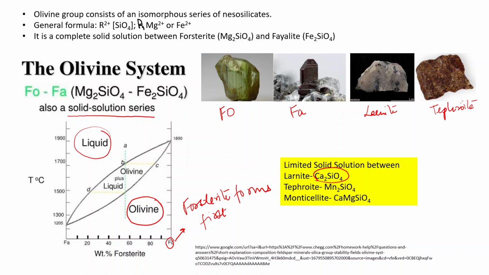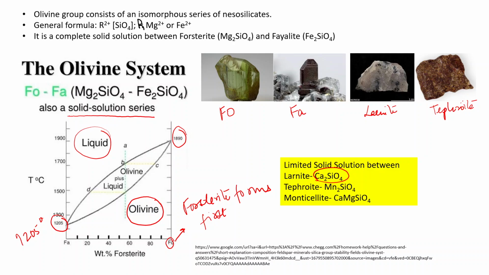So looking at this plot over here, one thing is very clear regarding the temperature of melting. Suppose we have the olivine solid solution series, and we start heating it. As we reach the temperature of 1205 degrees Celsius, then theoretically, from that solid solution, the fayalite, that is iron bearing olivine, will melt first, and then we keep on increasing the temperature to 1890 degrees Celsius.